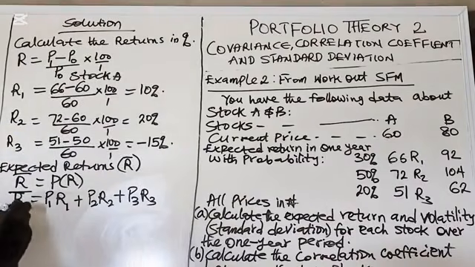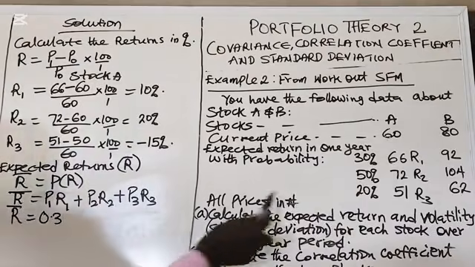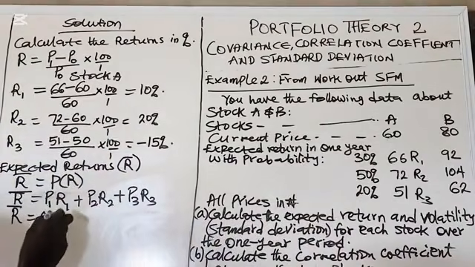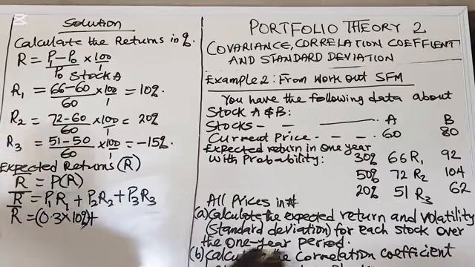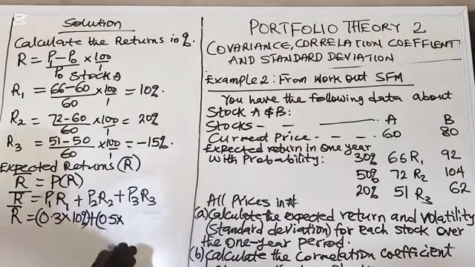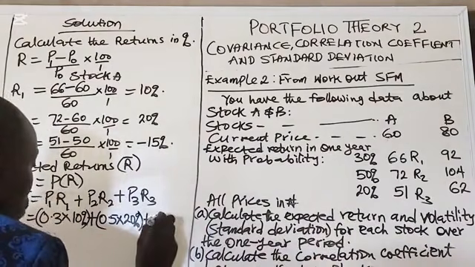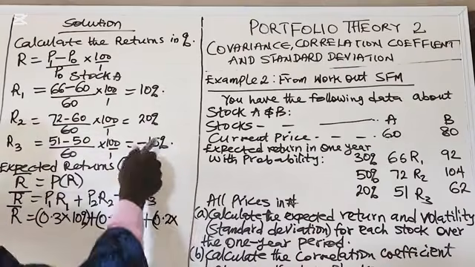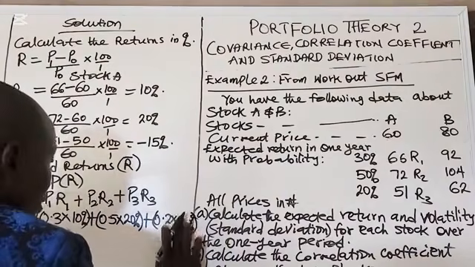So expected return: the probability 1 is 30%, which is 0.3. 30 divided by 100 gives you 0.3, times the returns 1, which is 10%, plus probability 2, which is 50%, 0.5, times return 2, which is 20%, plus probability 3, which is 20%, which is 0.2, times return 3, which is minus 15%.